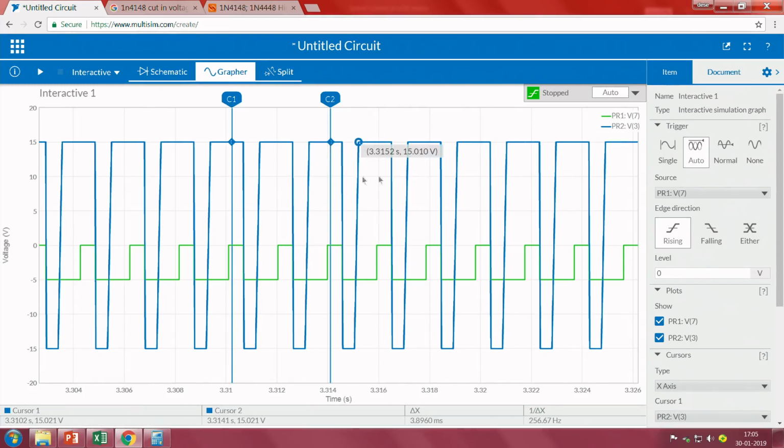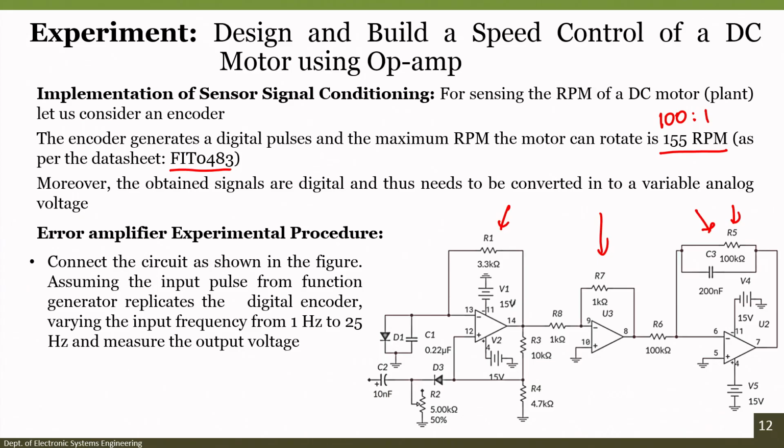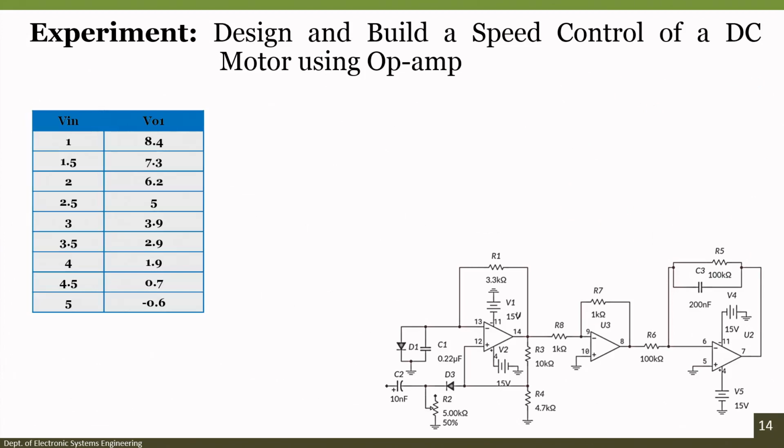So what we are doing is passing it to an integrator, so that we will get a signal. Right now we have the output from this in this way.